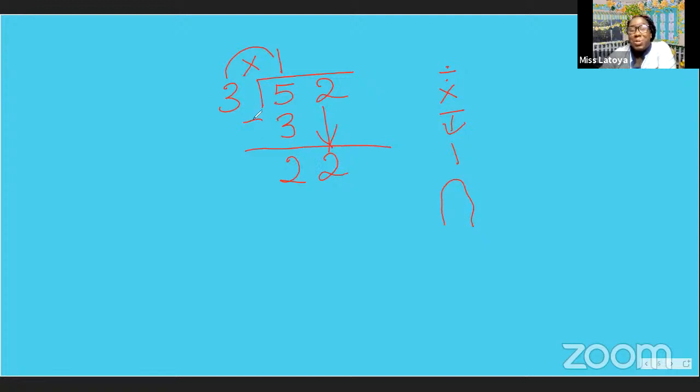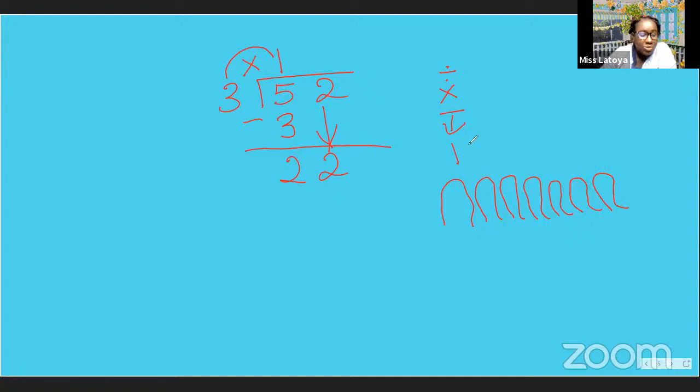3 into 22. We're going to count in threes until we get to 22 or the number before. Now let's count in threes. 3, 6, 9, 12, 15, 18, 21.